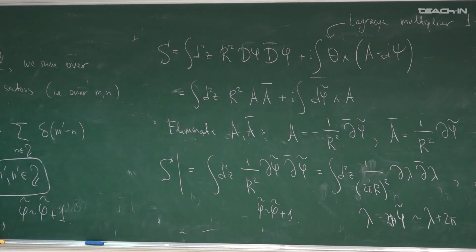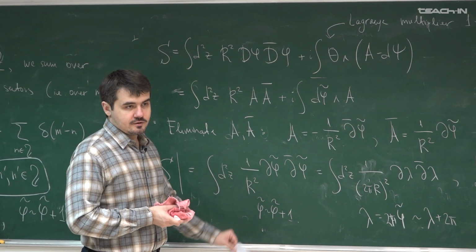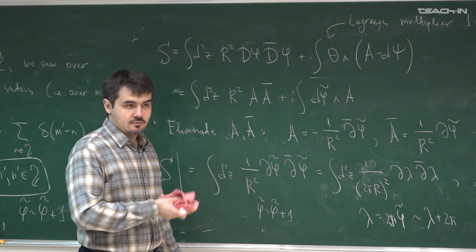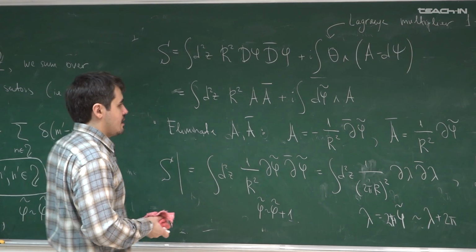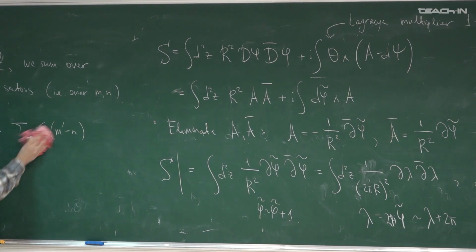So the interesting thing, why this is useful, is that this can be generalized to more complicated backgrounds. In the case of the free field taking values in a circle, we don't need this path integral derivation. I mean, we've described the spectrum explicitly. But this kind of derivation can be generalized to arbitrary backgrounds with an isometry.